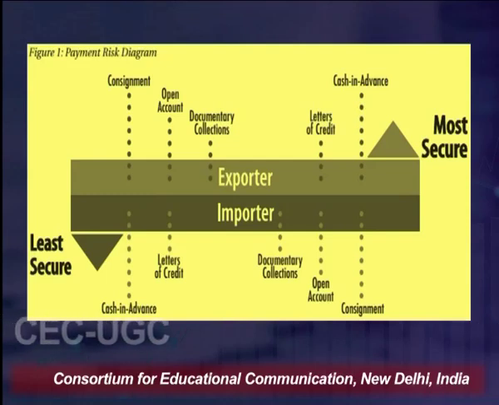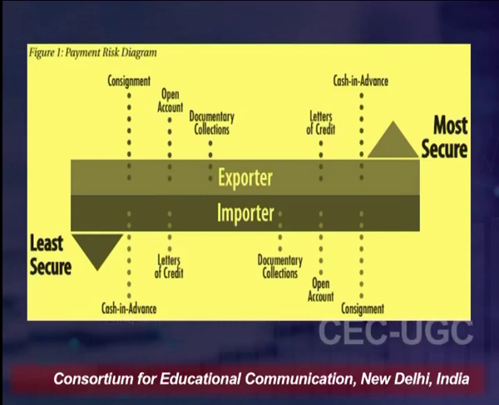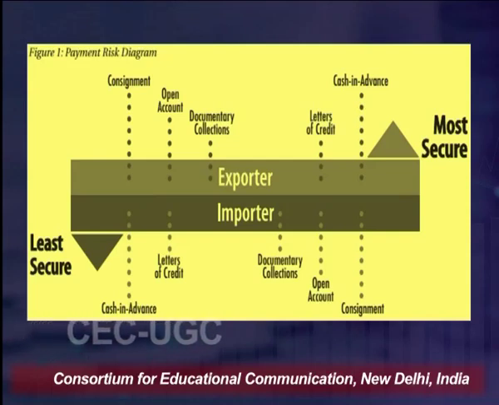For the exporter, the most secured option is cash in advance, whereas for the importer it becomes the least secured one. Similarly, consignment is the most secured one for the importer, whereas for the exporter this is the least secured method of payment. So we will be talking about these 5 methods of payment in detail, starting with advance payment.